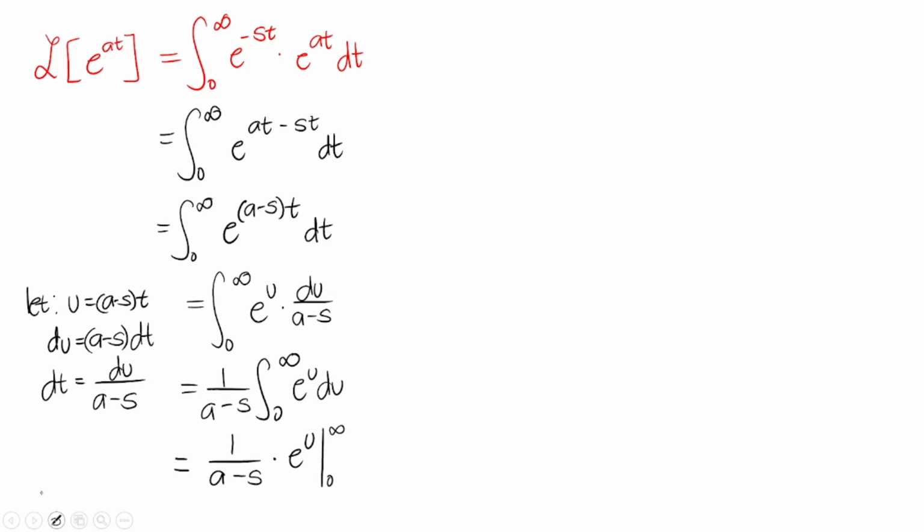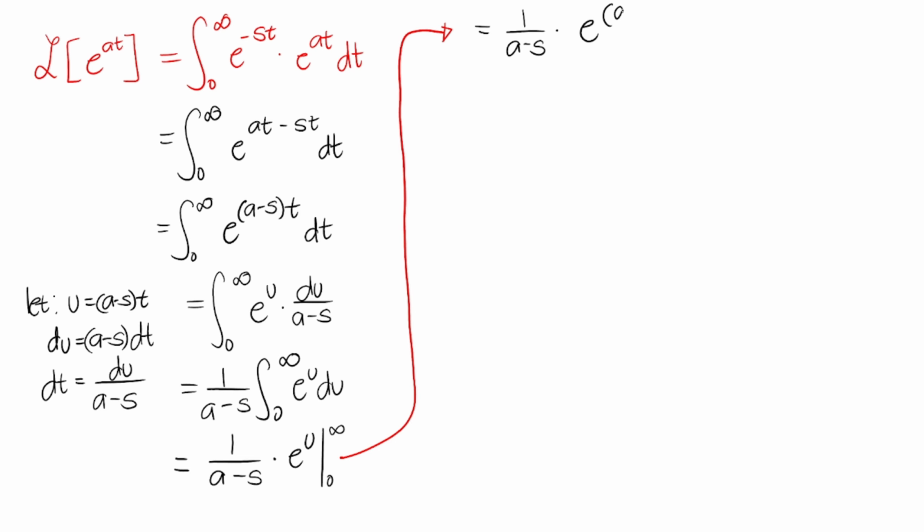But before we evaluate that from 0 to infinity, let's revert back to the original variable. We know that u is equal to a minus s times t. So this will become 1 over a minus s times e to the a minus st. Then evaluate this from 0 to infinity. From here, let's continue.